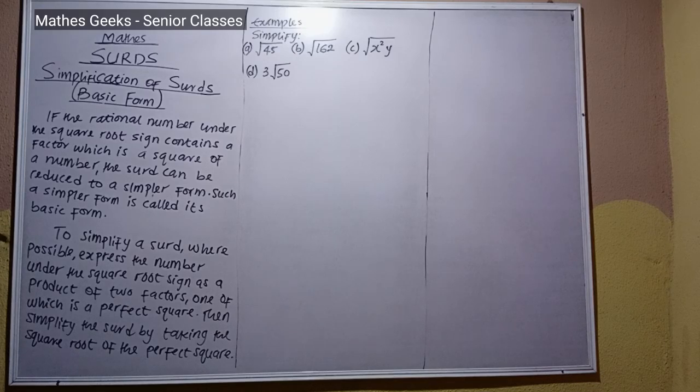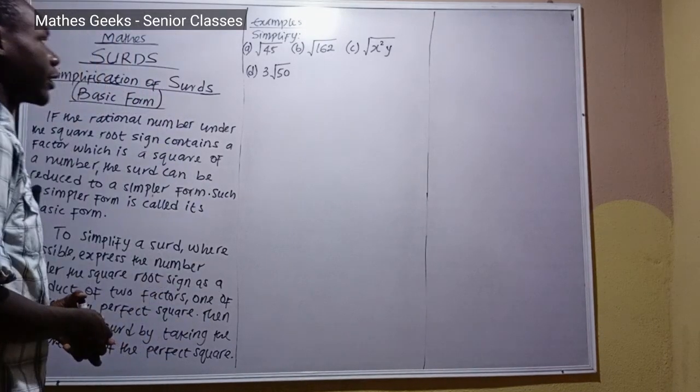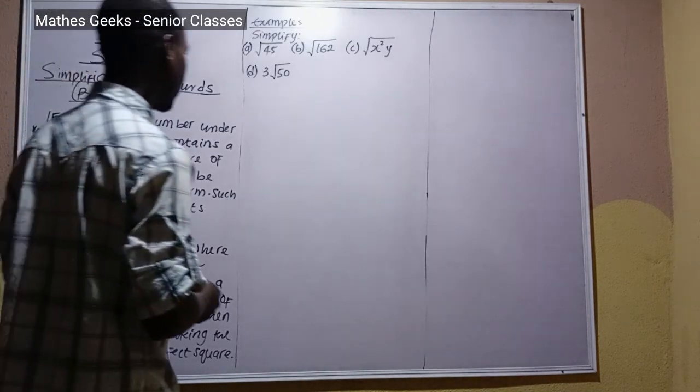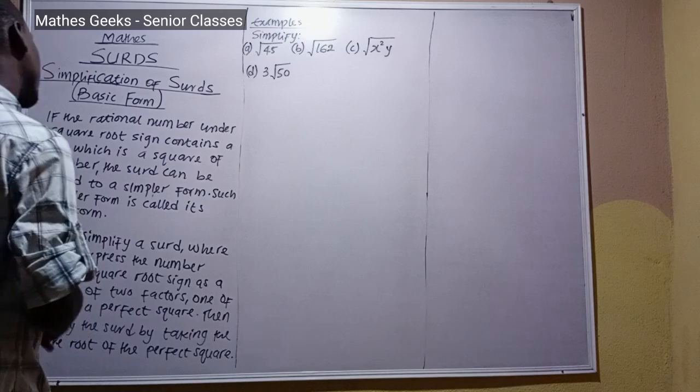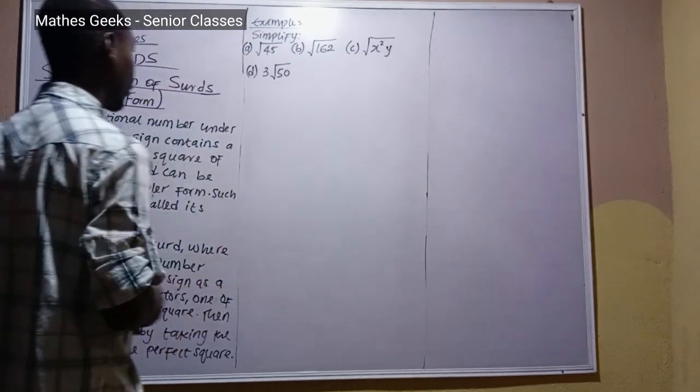When we attempt to simplify a rational number under the square root sign, we call that the basic form of a surd, because at the end of the day we're going to arrive at a square root of a non-rational number, or a square root of a non-perfect square.